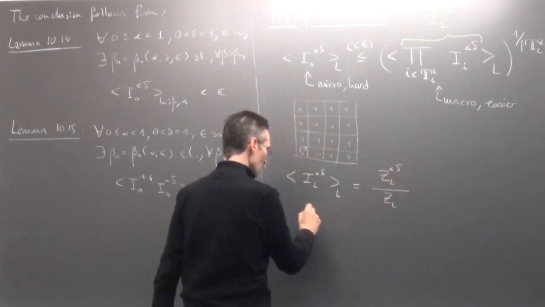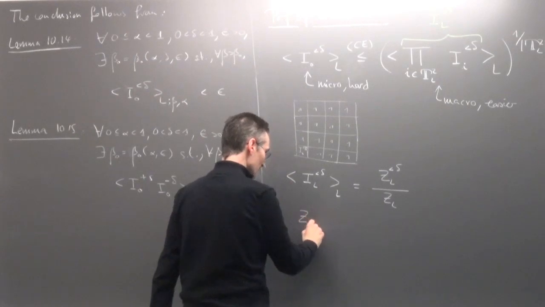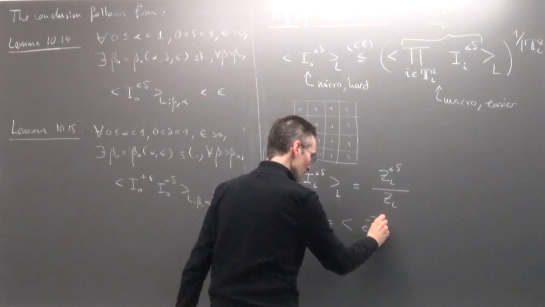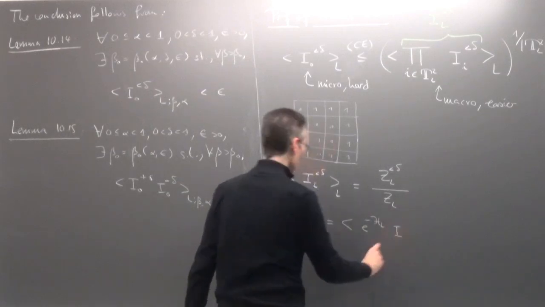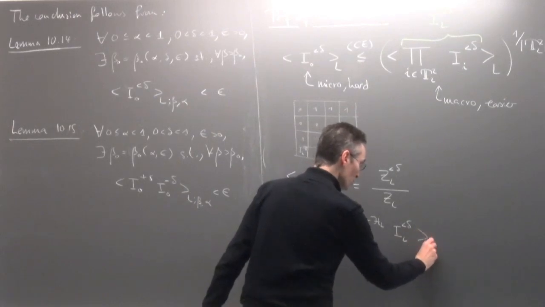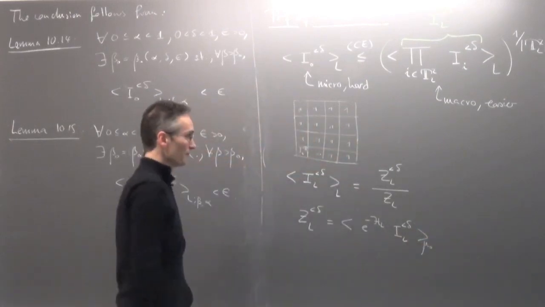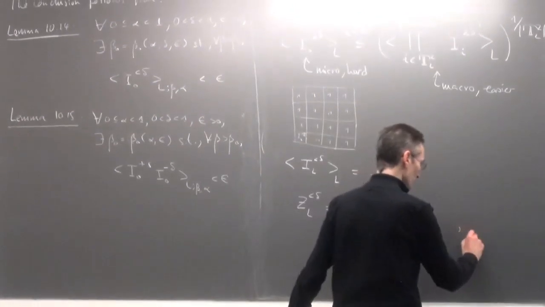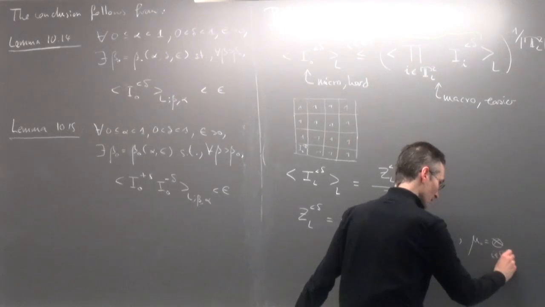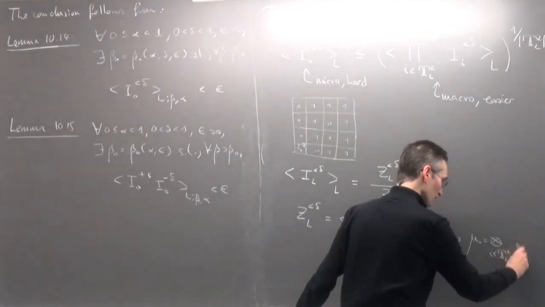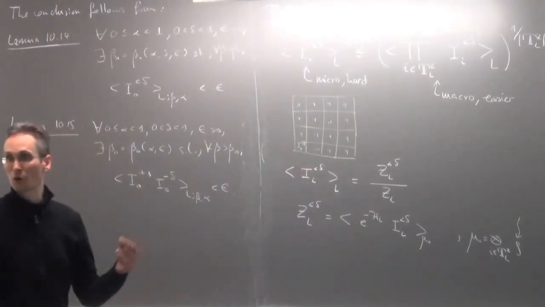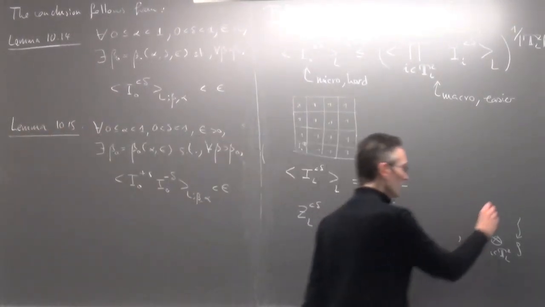And what are these two? Z_{L<δ} is just the expected value of e to the minus the Hamiltonian times the indicator that the event is true, under the measure which we call mu naught, which is just the product measure. Where mu naught is the product over i in the torus of this measure rho, and here rho is the uniform measure on the circle, which I assume for convenience to be normalized.